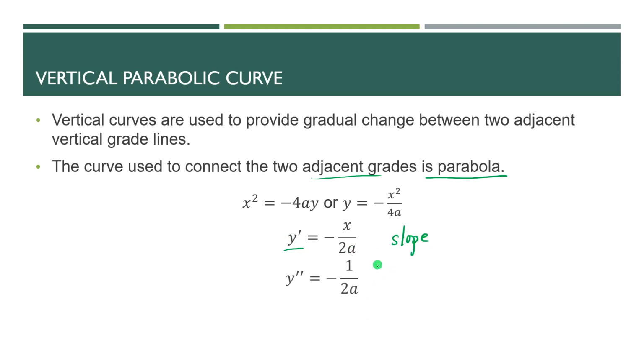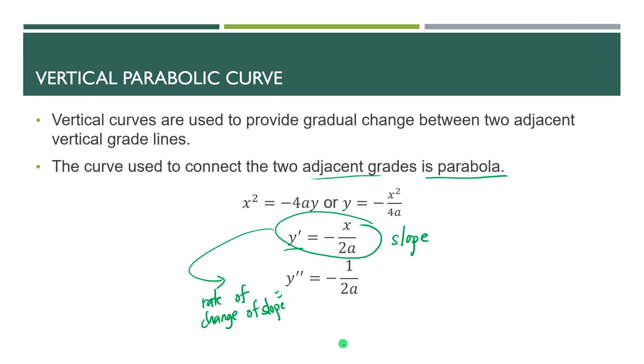We take the second derivative, which is the rate of change of slope. So when we take the second derivative of the slope, we have negative 1 over 2a. We don't have a variable here, which means that this value is constant.